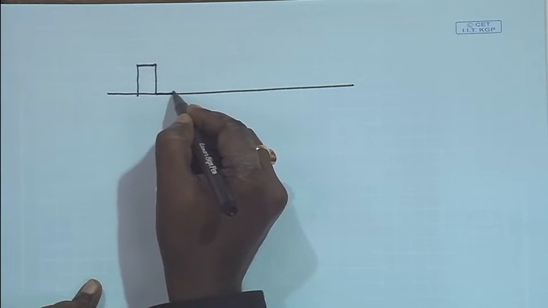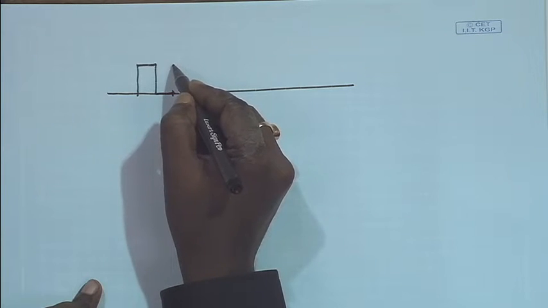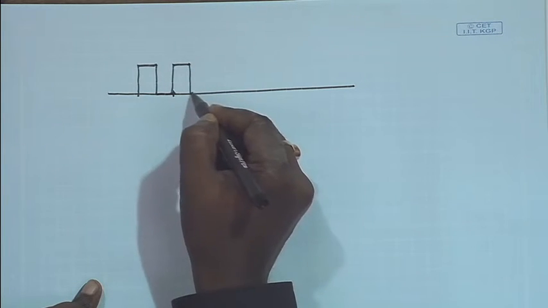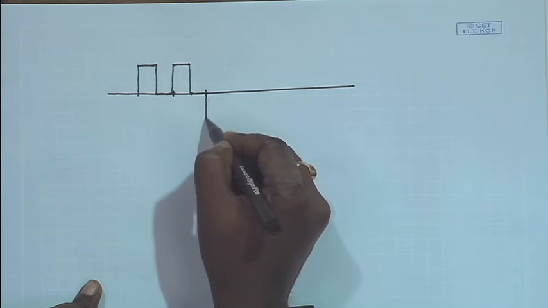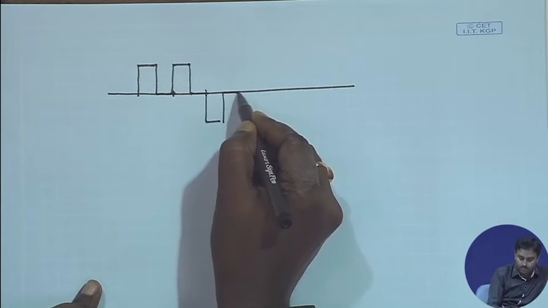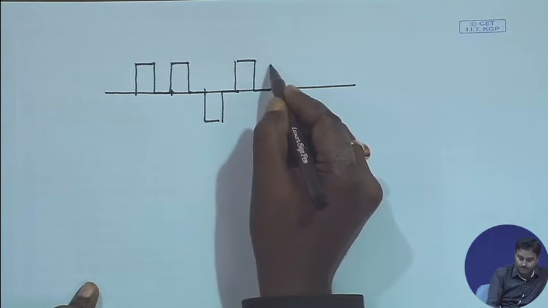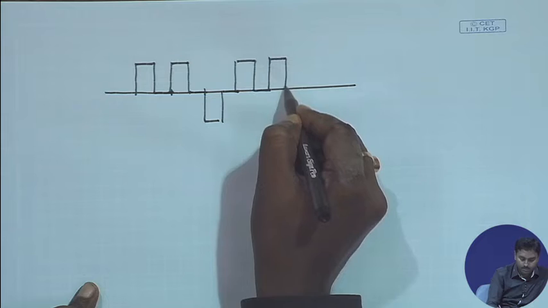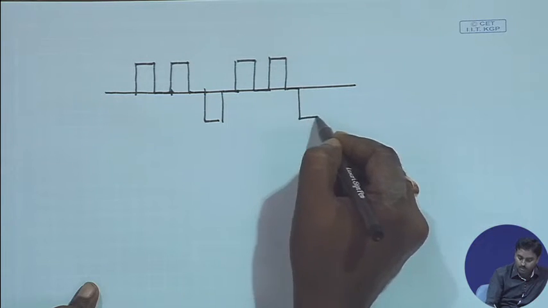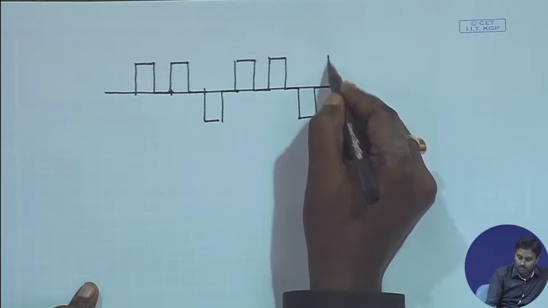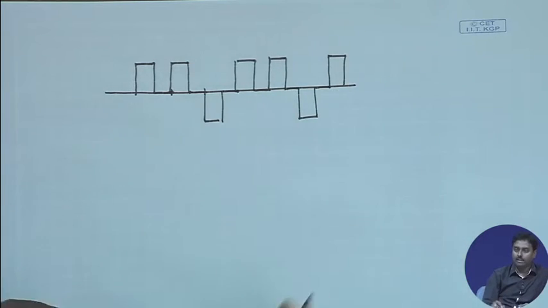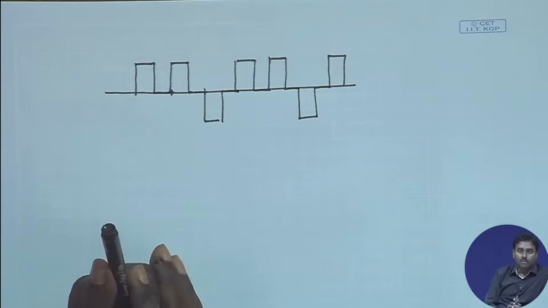So, suppose the first one is 1, then the next one is 1, next one is 0, next one is 1, again another 1, then 1 0. So, it can be of any pattern, you can see that the patterns are broken randomly. It is not a usual pattern, it can be anything.